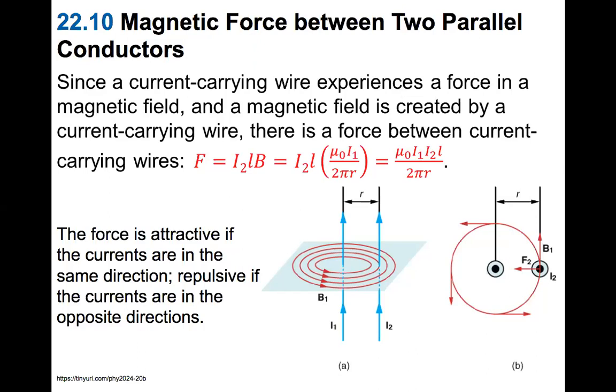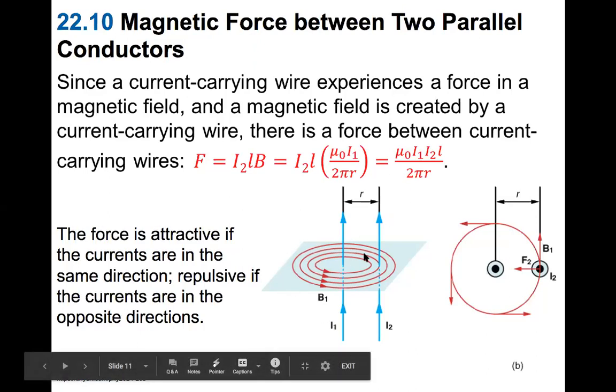If you look at one wire, say this one, because it carries current, you can apply your right hand rule. You align your thumb with the direction of current going up, and your forefinger curves around the wire. The circles in the figure on the left indicate the magnetic field produced by the left wire.